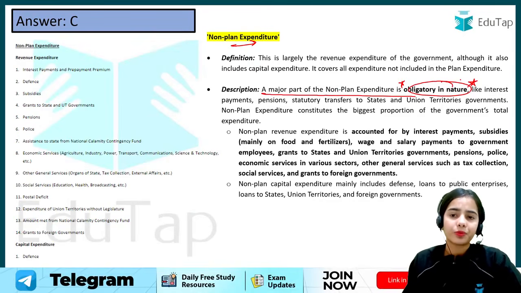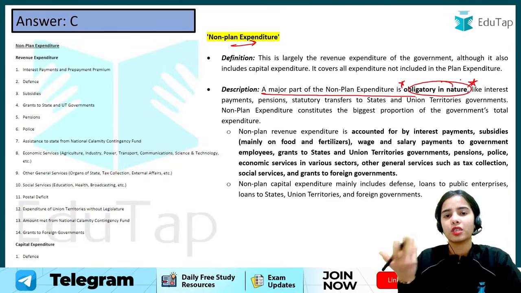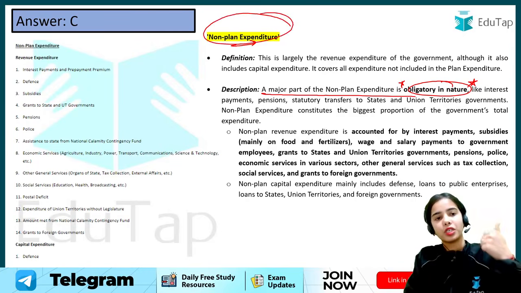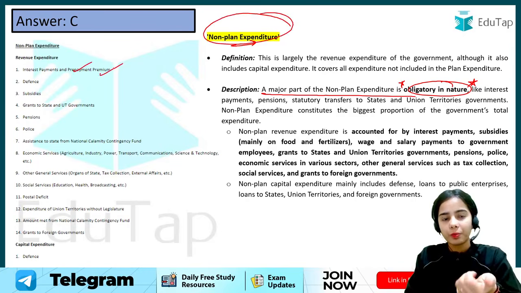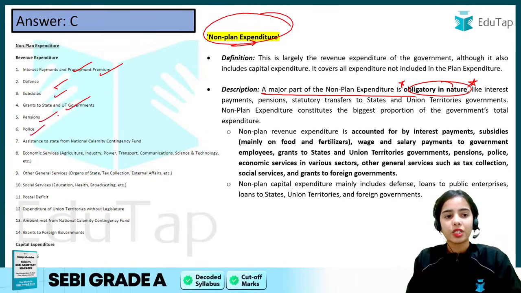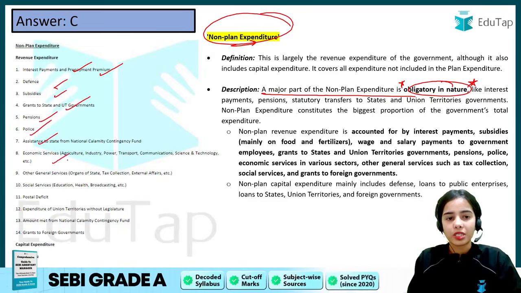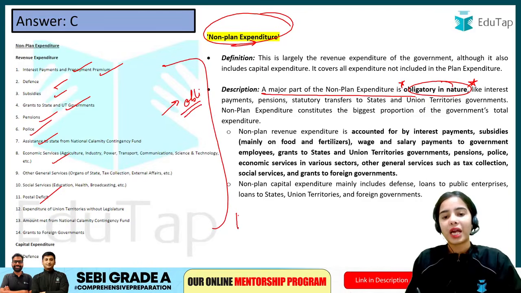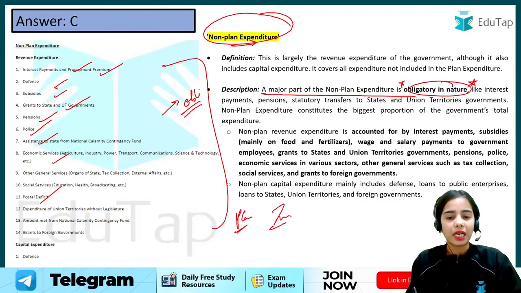Interest payments, prepayment premium, defense, subsidies, grants, pension, police, assistance to states, and economic services like postal deficit all come under non-plan expenditure, while the plan expenditure includes the investment that the government is doing to build the capital asset. So that comes under the plan expenditure.